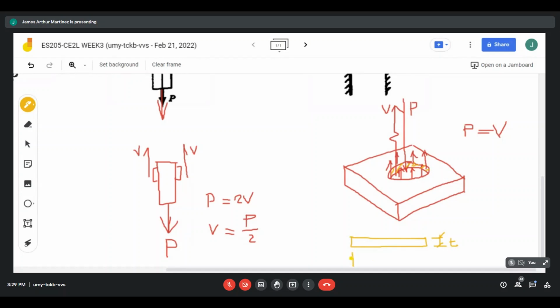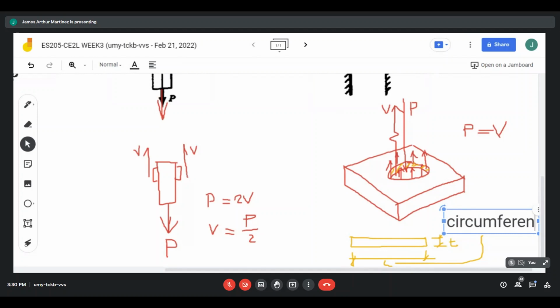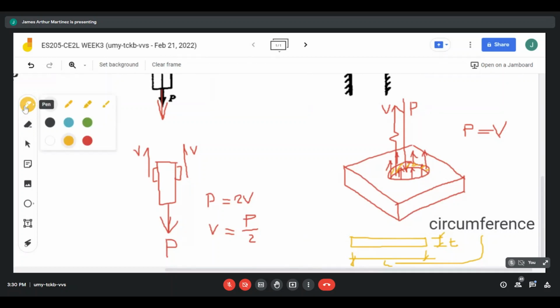And then we'll take this as L or iyahang length in which your L is just the circumference of your hole. So area now therefore is equal to L times T, where again L is the circumference of your hole. So nahimo na siyang rectangular kibali.